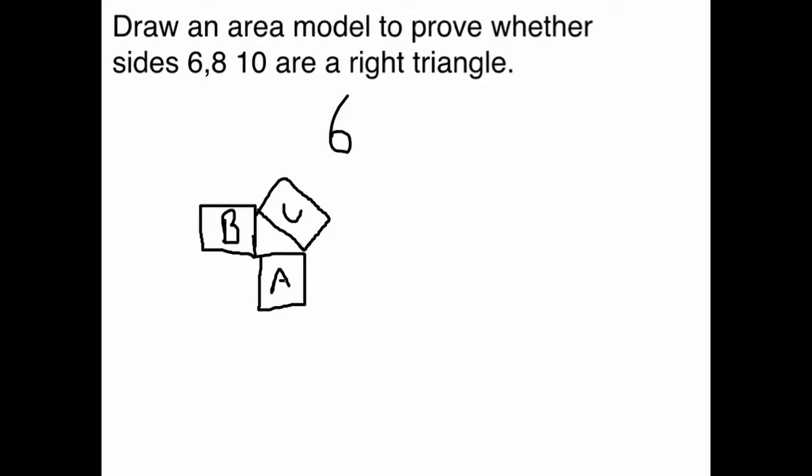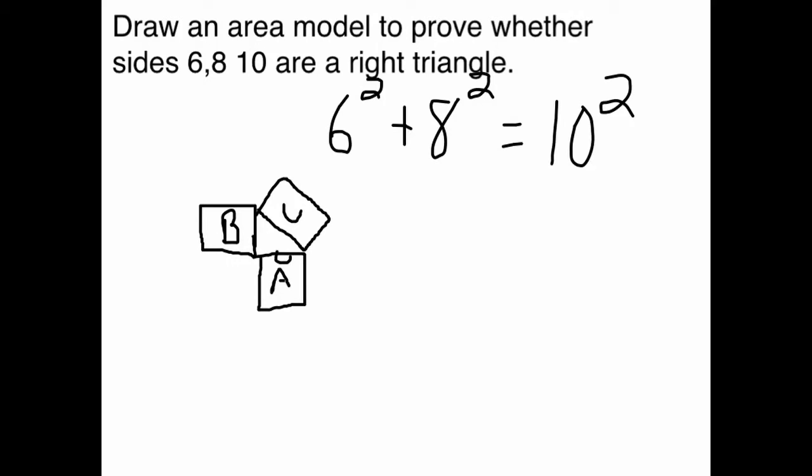So that means that 6 squared plus 8 squared has to equal 10 squared. So the side length of square A will be 6, the side length of square B will be 8, and the side length of square C will be 10.